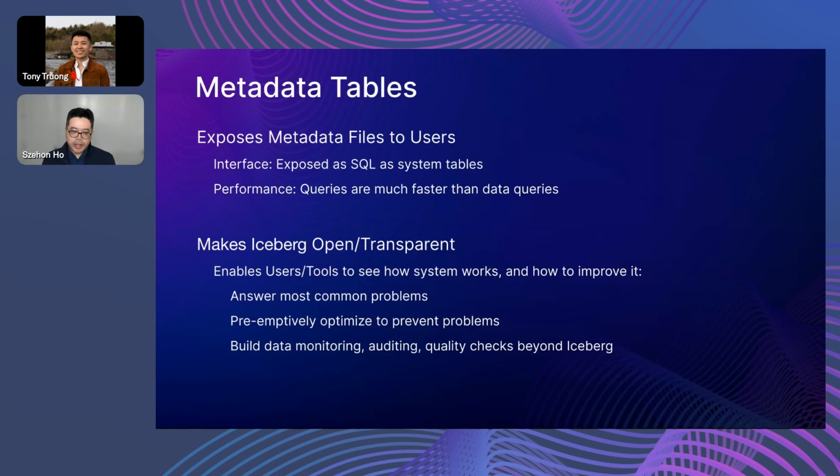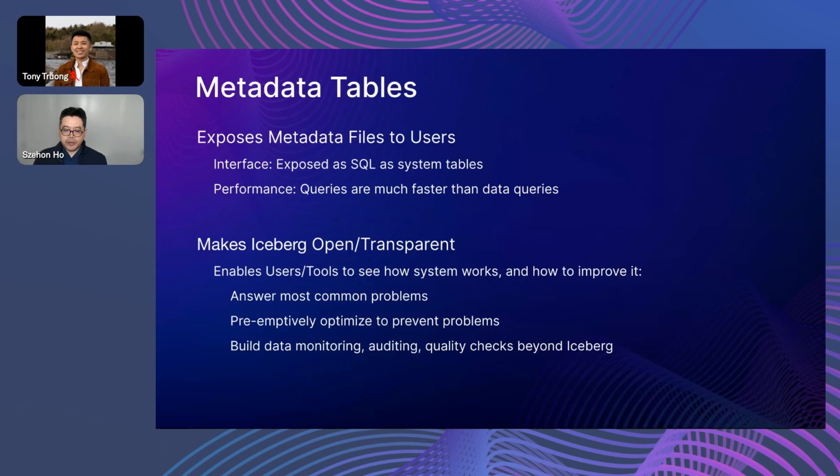There are many more that I didn't have time to list, but today's talk is about metadata tables. Metadata tables are just a way for me and you as users to get exposed to the metadata files, and we can leverage all the raw metadata that Iceberg has. It's exposed to us in the form of SQL system tables. We can query it using SQL just as easily as we query the data tables.